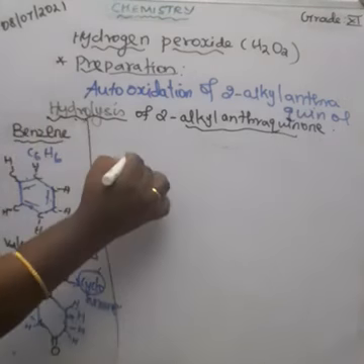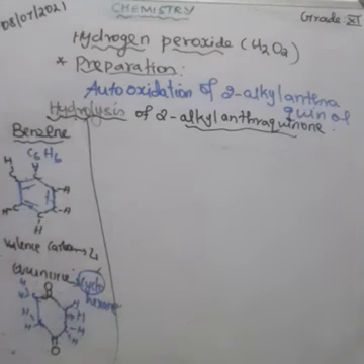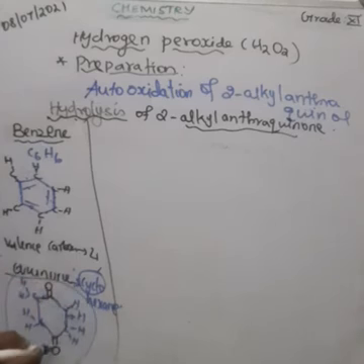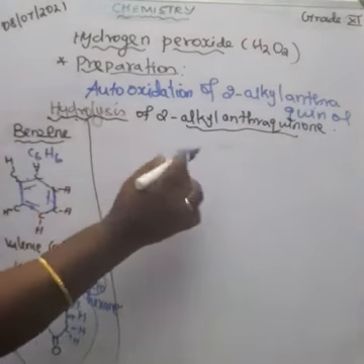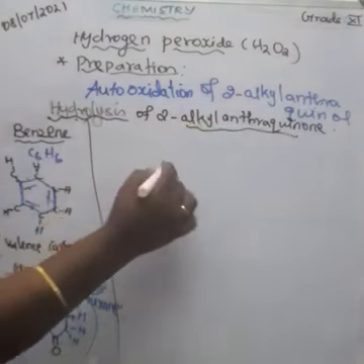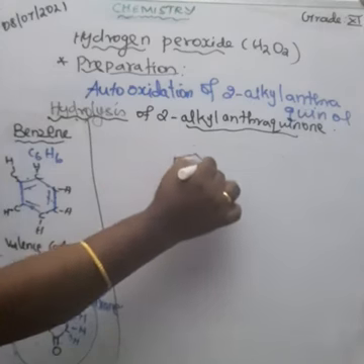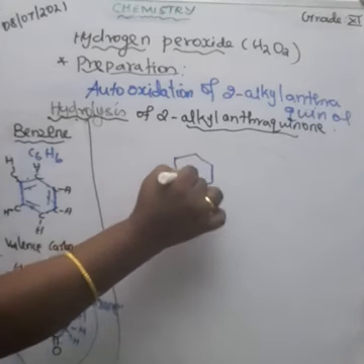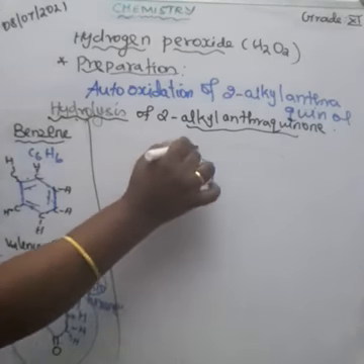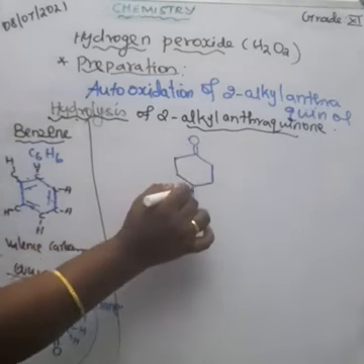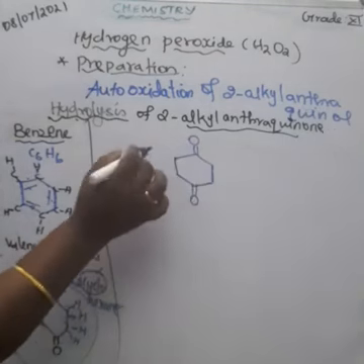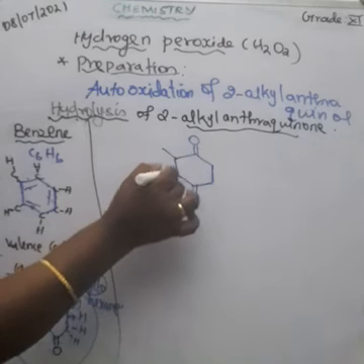What is the name of this compound? This is the quinone: cyclohexane with two oxygen atoms is called quinone. Anthraquinone means here this is the quinone, and in the quinone ring it is connected with 2 benzene rings.